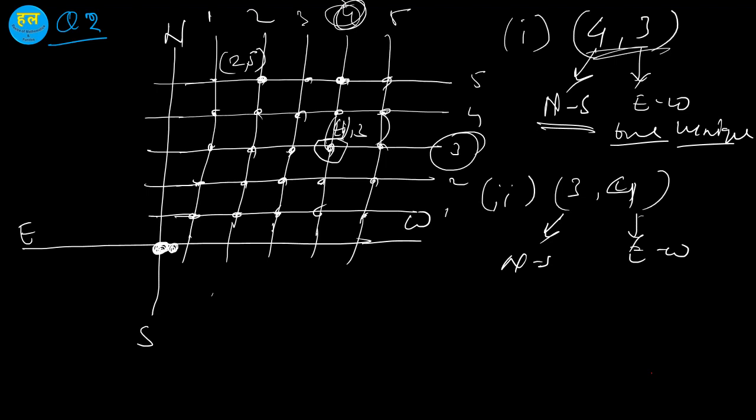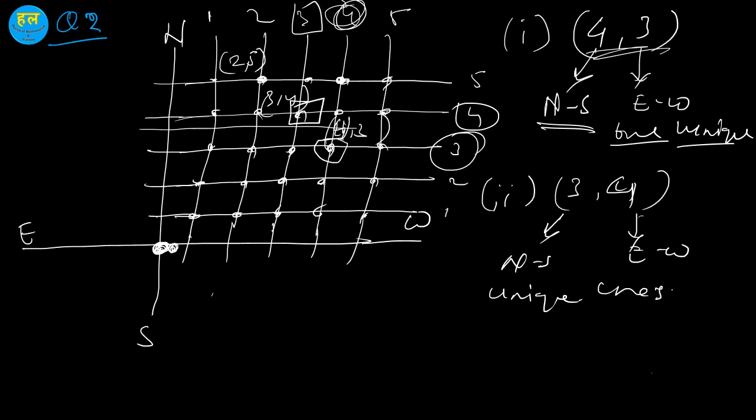North south 3 is this one, this whole line will be the north south street, and fourth east west means this one. So 3 comma 4 will be this one. Again we will get a unique cross street named 3 comma 4, that is 1. So here we have exercise number 1 completed.